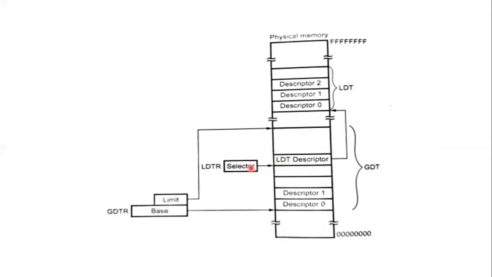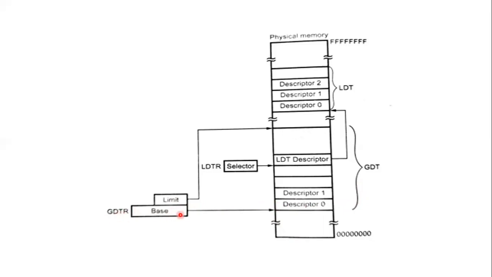So the selector is given over here. See 0, 1, and so on. There are different types of tables. Then it will consist of this whole thing. This whole thing is called the global descriptor table, because it is globally defined and its base address is held in the GDTR.